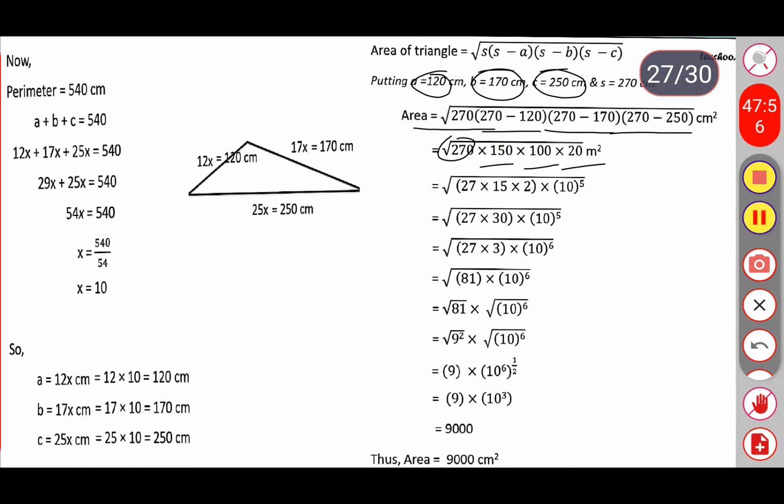So this 270 can be written as 27 into 10, and 150 can be written as 15 into 10, and the remaining 100 and 20 can be written as 10 into 2 into 10.